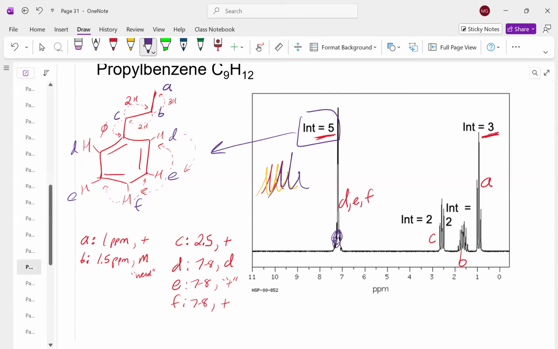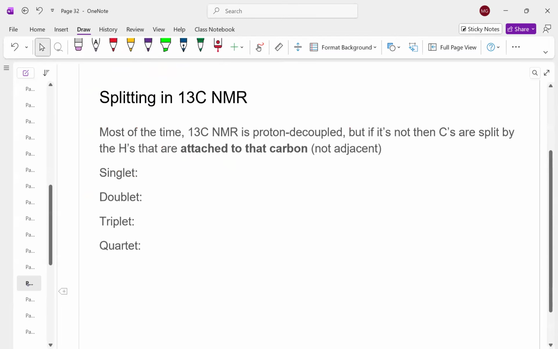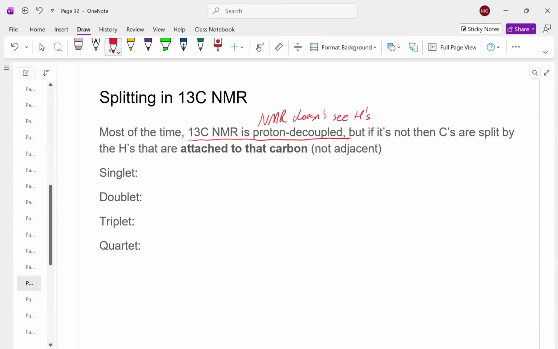Now, to finally wrap up this splitting stuff, I do want to backtrack a little bit and talk about how sometimes we can do splitting in carbon NMR. Most carbon NMRs that you will see are proton decoupled, meaning the NMR doesn't see hydrogens. Once in a while, we can do a proton coupled carbon NMR and hopefully it doesn't come out too messy.